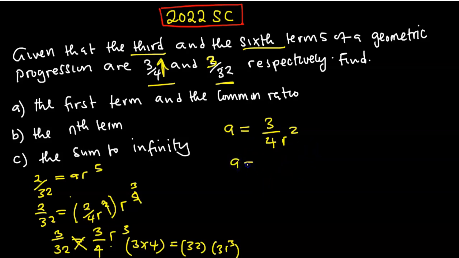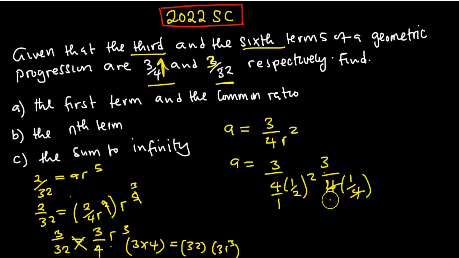So a is equal to 3 over 4, 1 over 2 squared. So this is going to give us 3 over 4, 1 over 4. This one and this one cancel, so down it means 1. So it's going to be 3 over 1, which is just 3. So the first term is equal to 3.